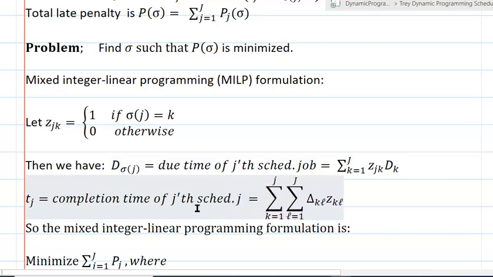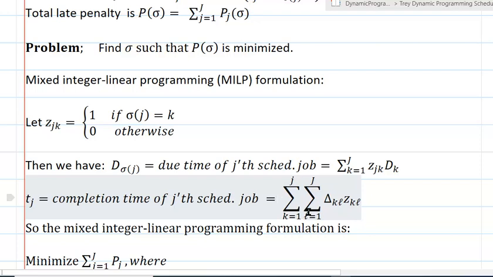Remember, the jth scheduled job is actually sigma of j. So what do I do? That's going to be equal to the sum of the durations of all jobs up to the jth scheduled job.